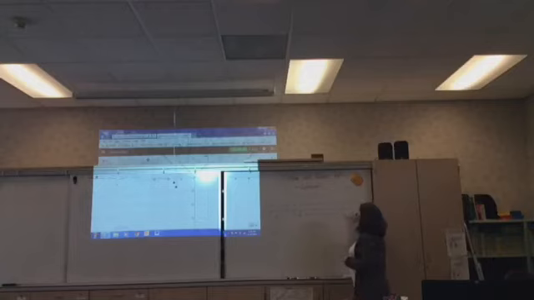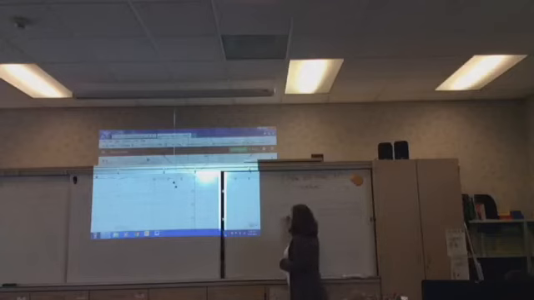We have to say on the x-axis. So that's a pattern we found.